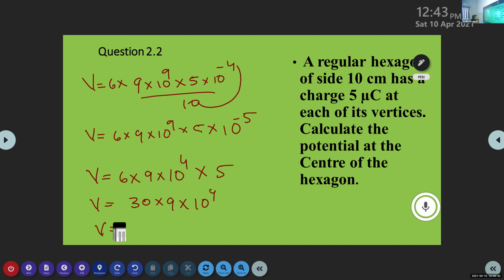What is the final answer? 9 into 3, 27, but it is 30 into 9, so we have 270 into 10 raised to 4, right?